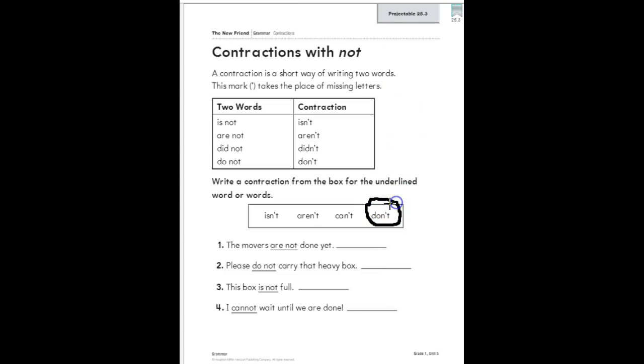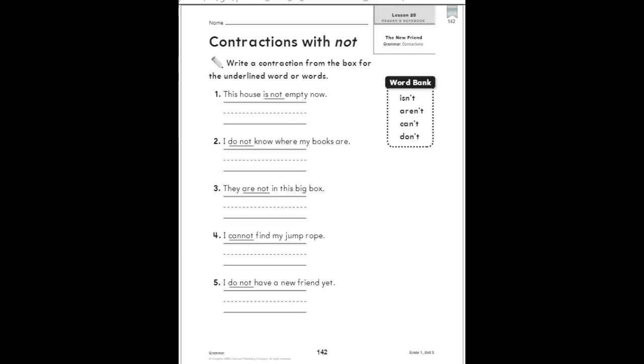Yes, don't. Good job. How about, this box is not full? What word could take the place of is not? Isn't. You guys are pros at this. All right, and then, I cannot wait until we are done. The only one left, right? Can't. Excellent job.